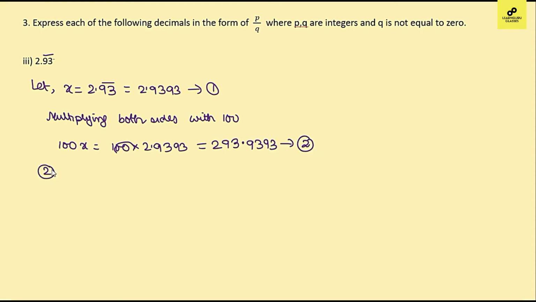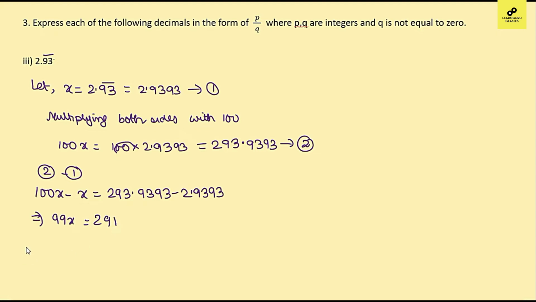So 2 minus 1, 100x minus x equals 293.9393 minus 2.9393. So this is 99x, and this comes as 291. Okay, so x equals 291 by 99. Now you see whether it can be simplified further.